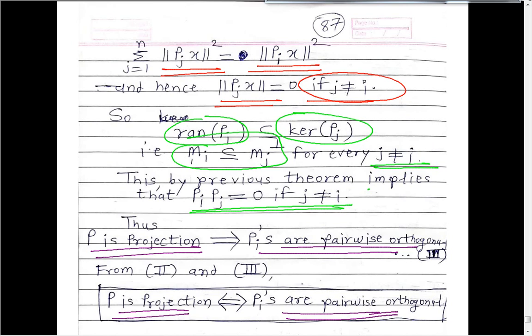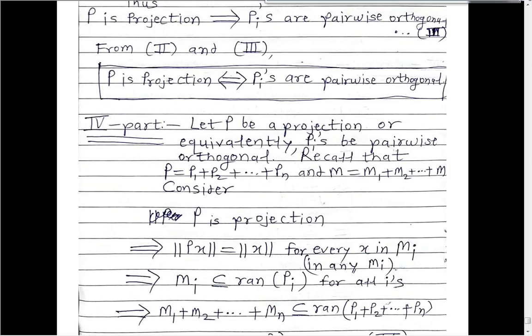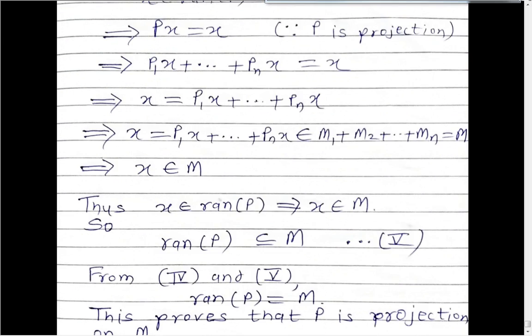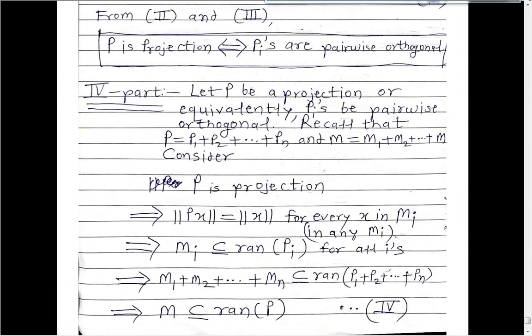In the last part of the proof, we are going to prove that P is a projection on M. In order to prove this, first understand what P is and what M is. P is the sum of all these projections P1, P2, ..., Pn, and M is the sum of all these linear spaces.